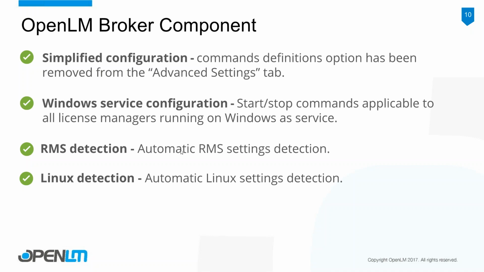You don't have to set the license manager and the port manually. Also, if you're using the broker on a Linux operating system, you'll now be able to automatically detect the port and the license managers on that Linux server. Before that, we did not have this functionality.